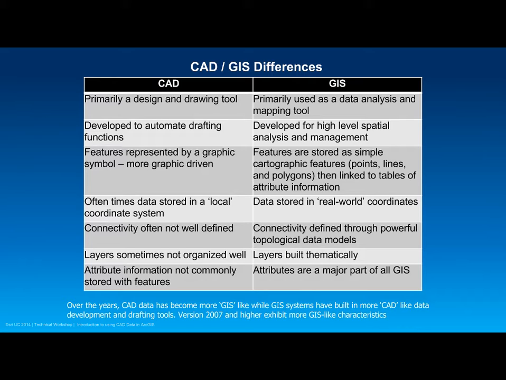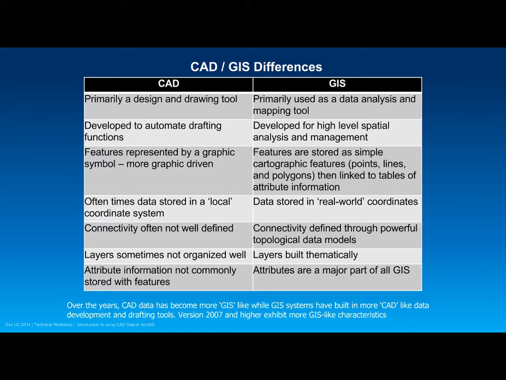Whereas CAD was developed to automate drafting functions, GIS was developed for high-level spatial analysis and management. In CAD, features are represented by a graphic symbol. It's more graphic driven.